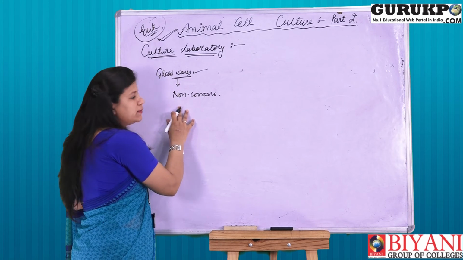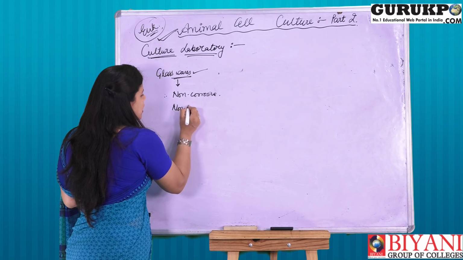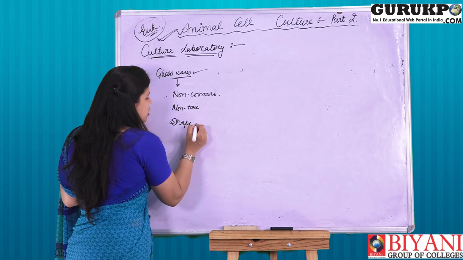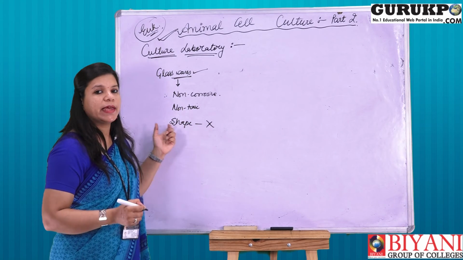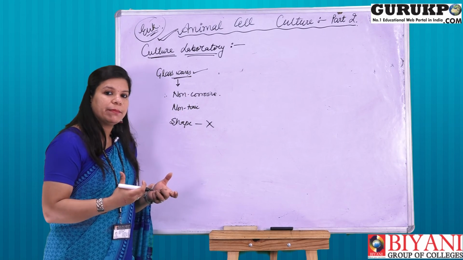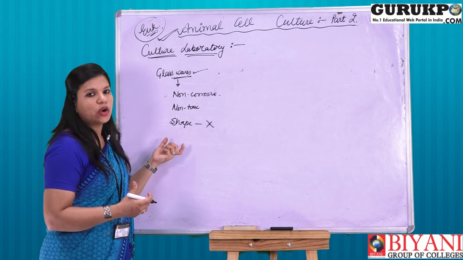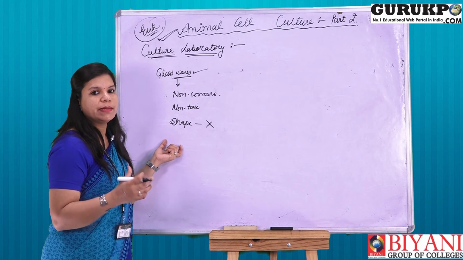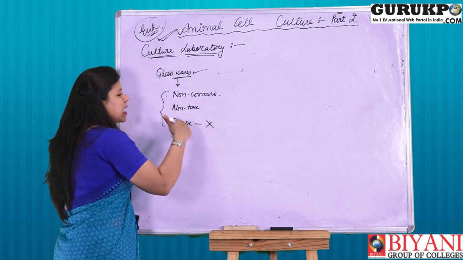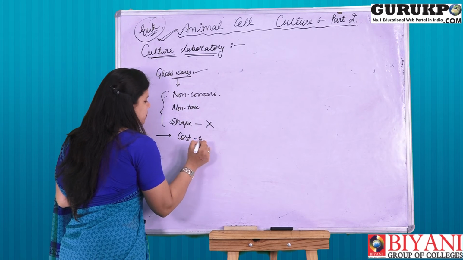These are non-corrosive, that is, there is no rust in them, they are non-toxic, right? There is no change in their shape. Whenever you are using the glasswares or providing heat or very high temperature to the glasswares, they are not able to change their shape, that is, they maintain their shape. So for all these purposes, these are being used, and simply they are cost effective also.